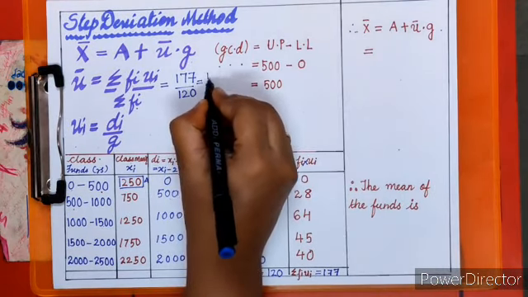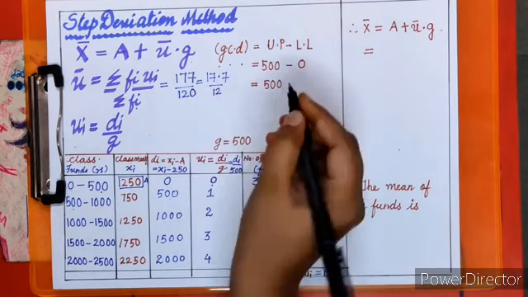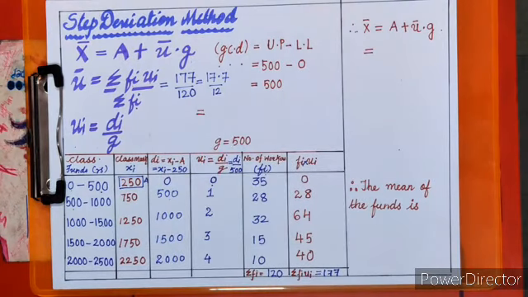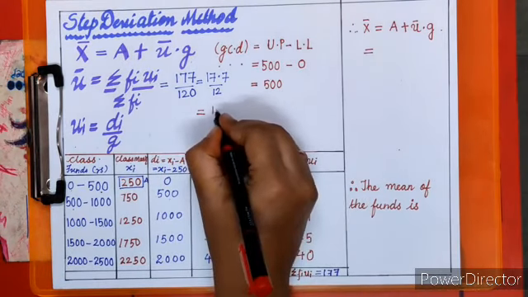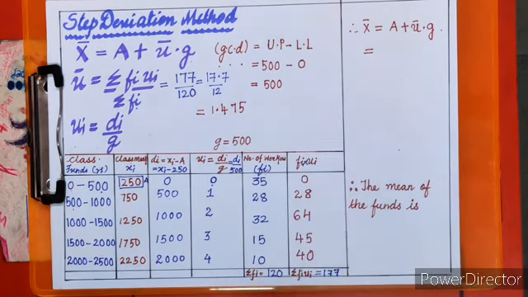So it will be 17.7 upon 12. We'll divide it further. So we'll get 1.475.